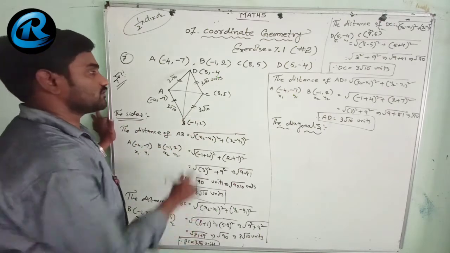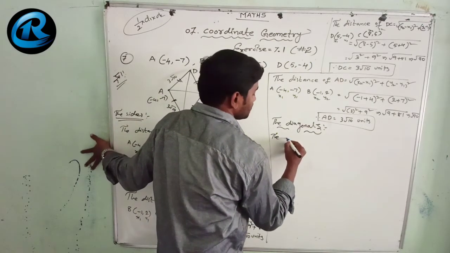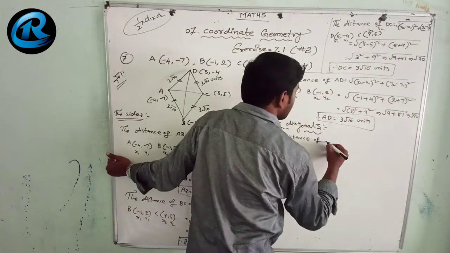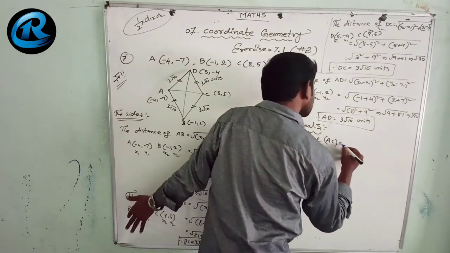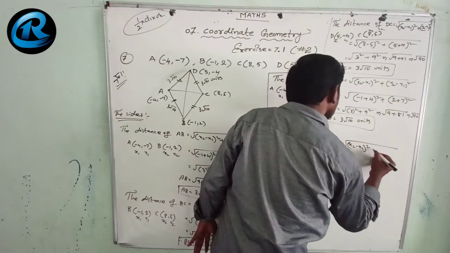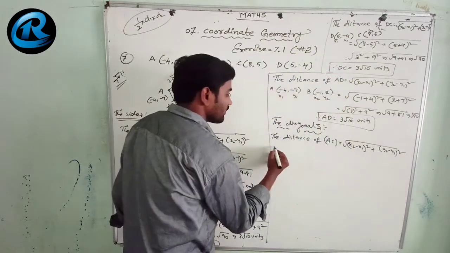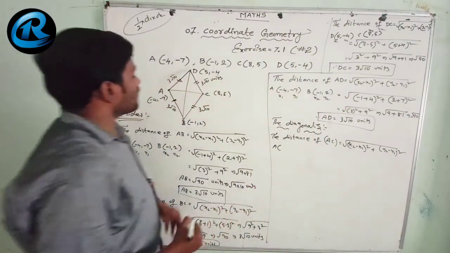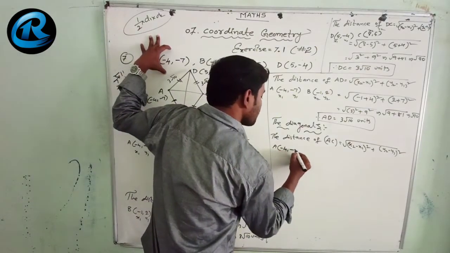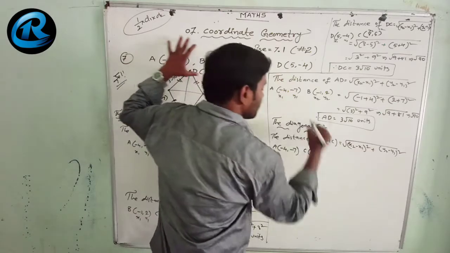The diagonals, let us find out. AC diagonal. The distance of diagonal AC is equal to under root of x2 minus x1 whole square plus y2 minus y1 whole square, where A, what is the point A here? Minus 4 comma minus 7, and what is the point C? That is 8 comma 5.